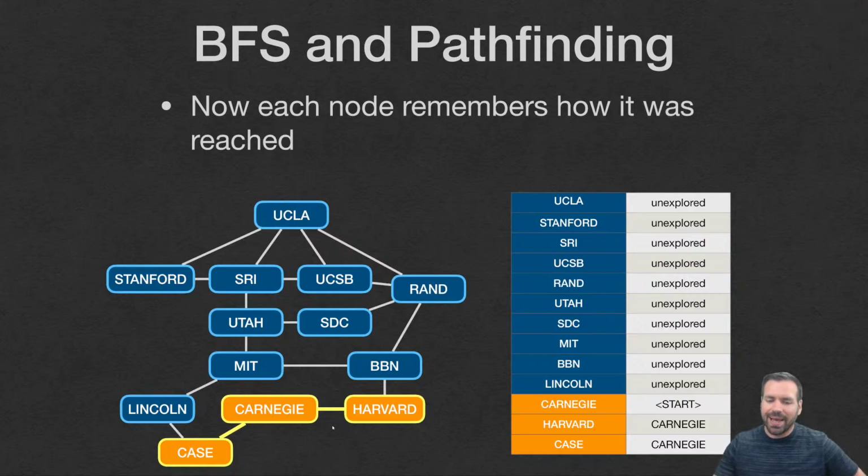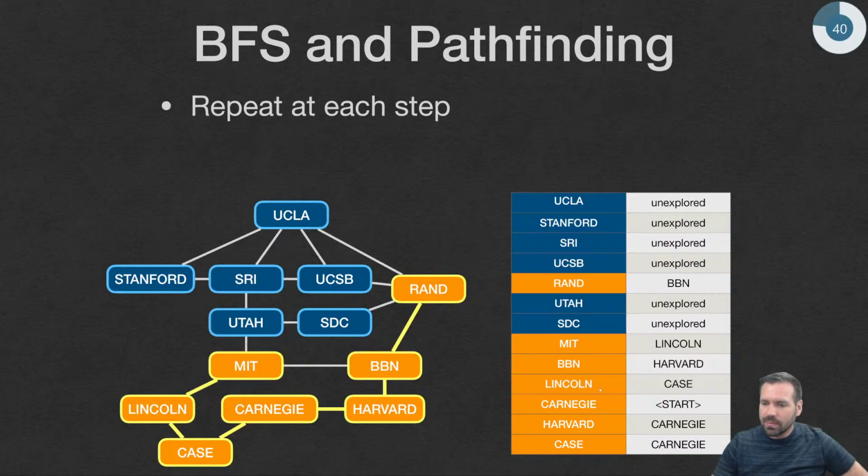So Carnegie found Case and Harvard. So Case and Harvard, the first time they were explored, were explored by Carnegie, so we're going to mark them as being explored by Carnegie. Instead of distance, we're tracking just the node that found that node, that discovered that node. Lincoln was found by Case. BBN was found by Harvard. MIT we gave to Lincoln, so MIT was found by Lincoln.